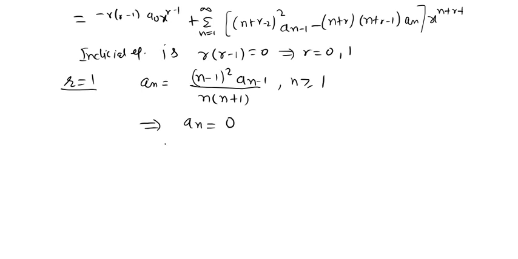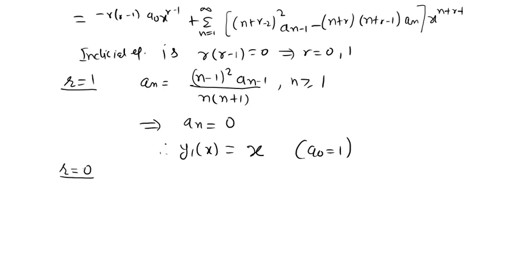So the solution is just a0 x power r, and r is 1. So the solution is just a0 x, or you can take a0 equal to 1. So the solution is just x. So we obtain one solution, and now I am checking for the second r, which is 0.